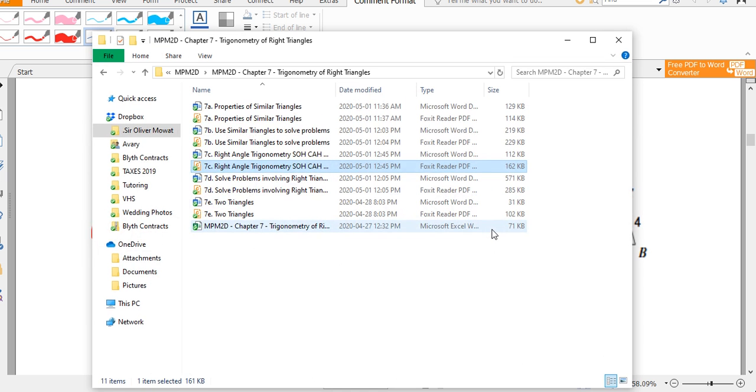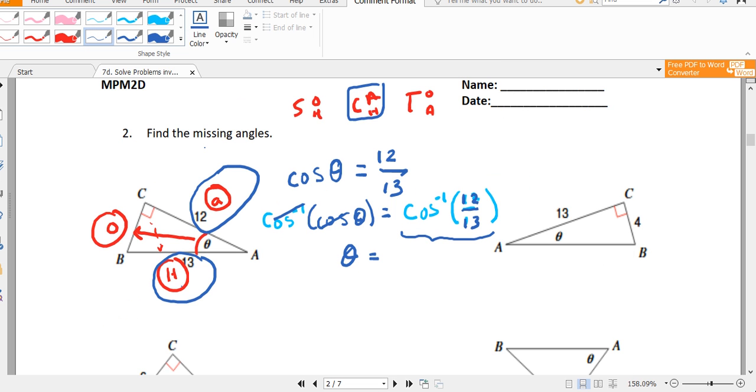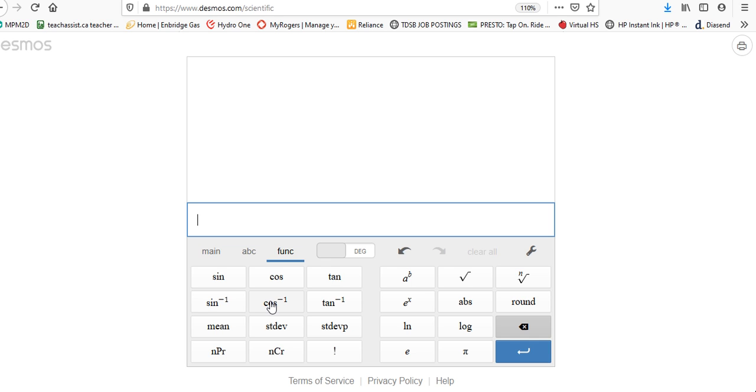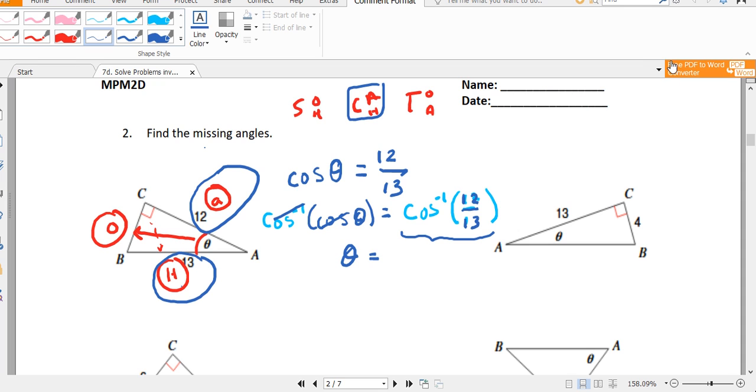Now, what is that? If you go to your calculator, you should find a little button that looks like this. Okay? In most calculators, you might have to press Shift and then cos, because you will see a little cos inverse on top. Right now, the calculator I'm using has a separate function for it, but on most calculators you will have to hit Shift. Let me just draw a little picture here for you.